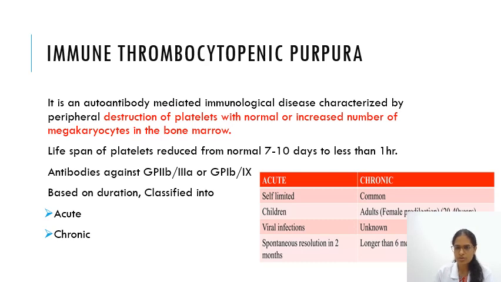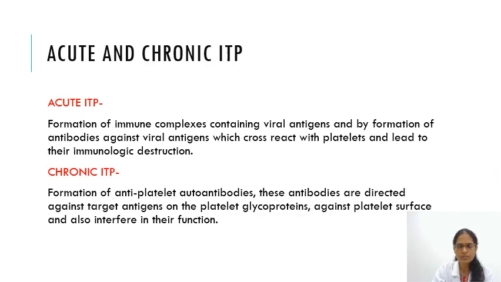The pathogenesis or etiological factors are mostly unknown. Previously it was called idiopathic thrombocytopenic purpura because the underlying cause was not known, but now it is called immune thrombocytopenic purpura because there is an underlying autoimmune mediated destruction, and chronic because it is more than 6 months duration.